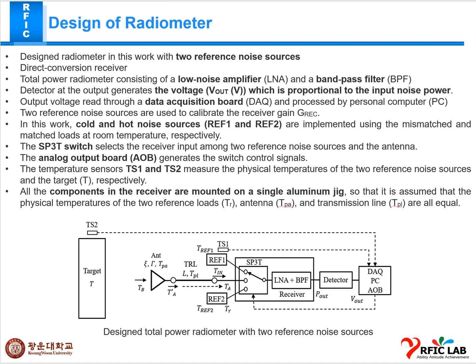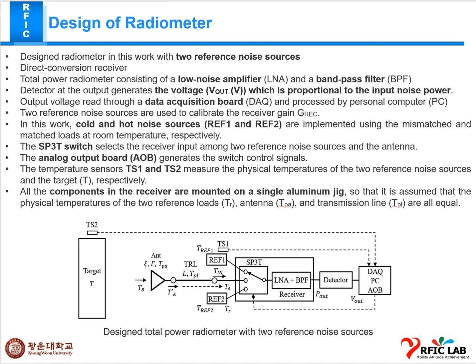For the reference noise sources, the gain receiver is used with the cold and hot noise sources. You can see in this figure that it has reference 1 and reference 2.